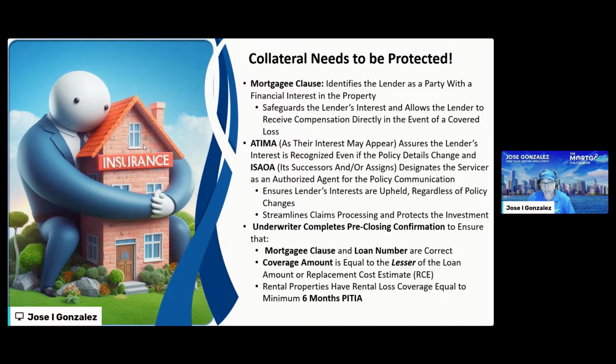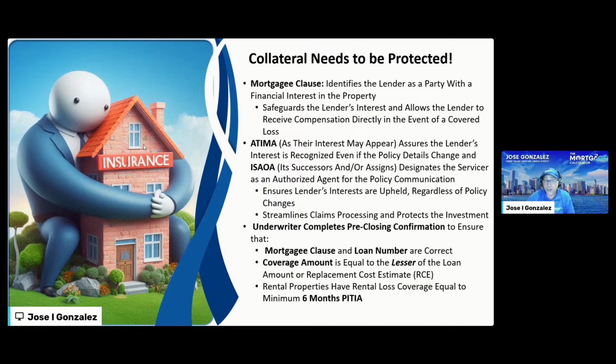Please note then how important the mortgagee clause is and the loan number, as well as getting the name and everything correct on the policy, because the loan underwriter is going to complete a pre-closing confirmation to ensure that the mortgagee clause and loan number are correct, the coverage amount is equal to the lesser of the loan amount or the replacement cost estimate, and that rental properties have rental loss coverage equal to a minimum 6 months PITI and, if applicable, association fee.